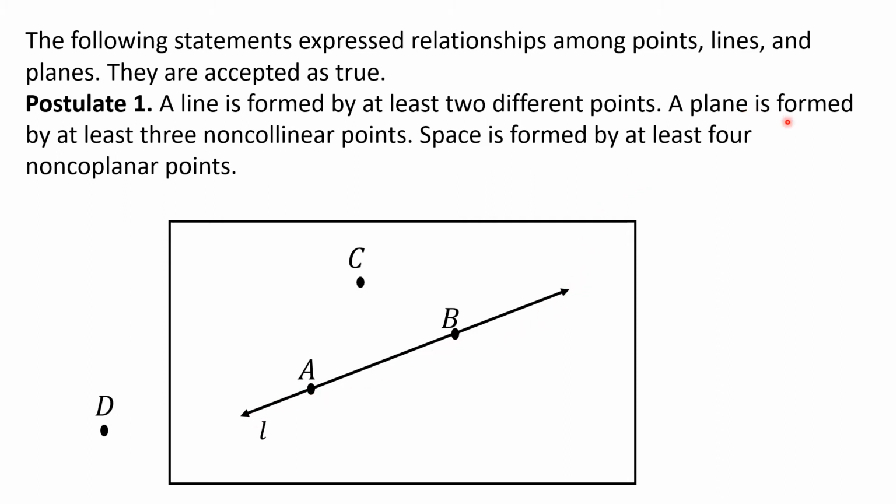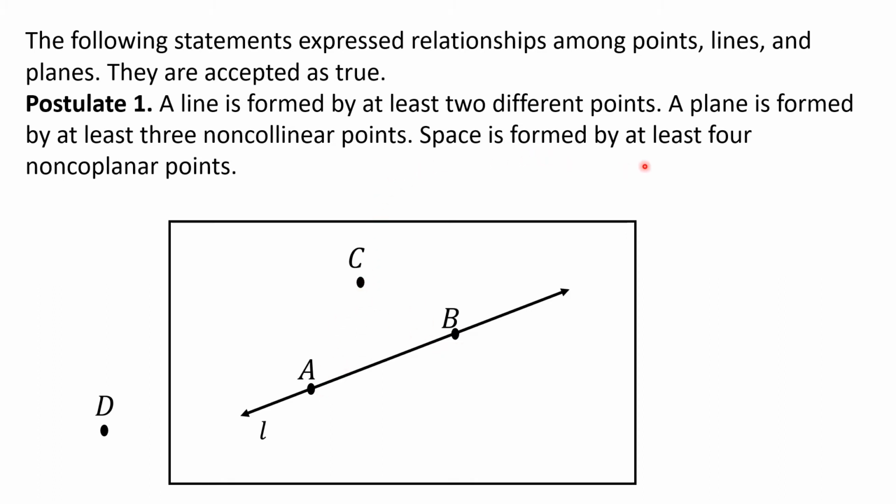A plane is formed by at least 3 non-collinear points. So we have here 3 points. If you notice, ang tatlo ka points wala nagalay on the same line. So therefore, we can form a plane using these 3 points, non-collinear points.